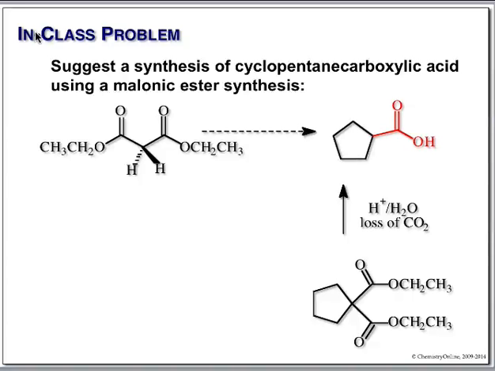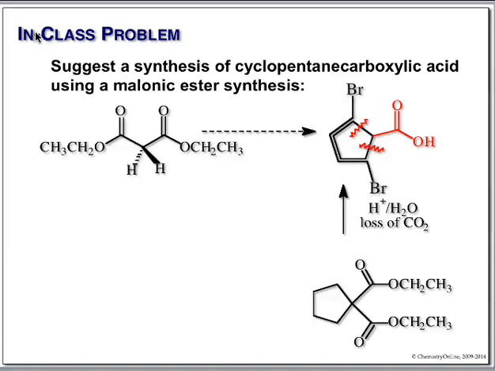What you have to do is simply break the bonds that you just made. The alkyl halide had 1, 2, 3, 4 carbons, and let's say it had a bromine on each end. So the alkyl halide would have looked something like that.